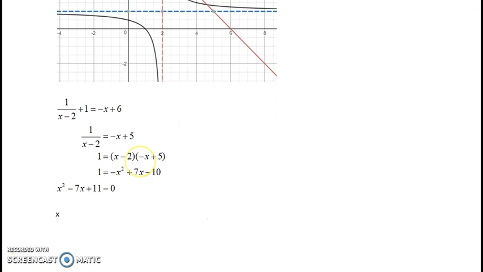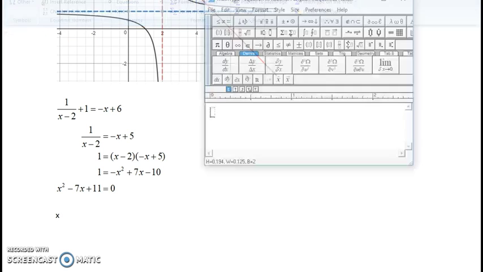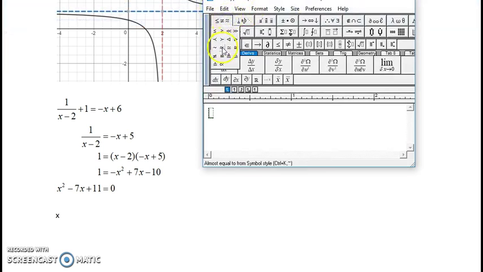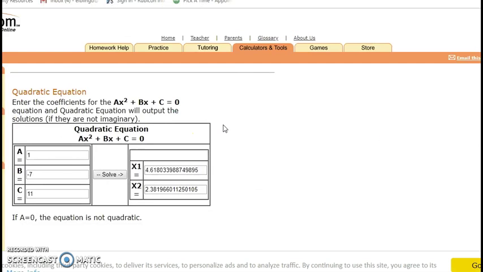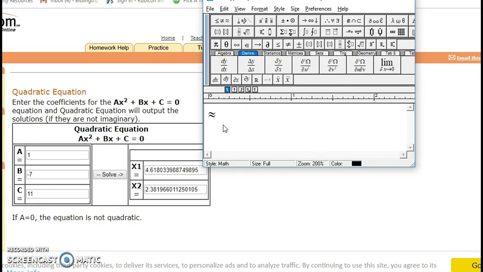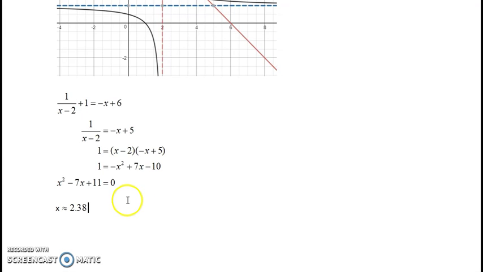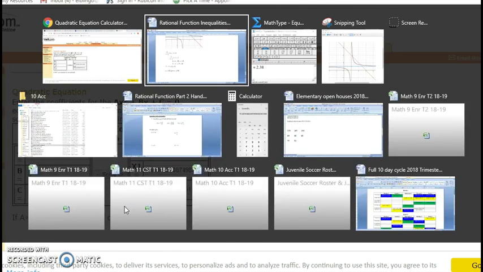Having plugged into the quadratic formula, you find two x's. x is approximately equal to 2.38 and also 4.62.